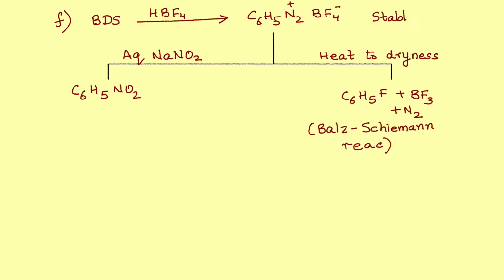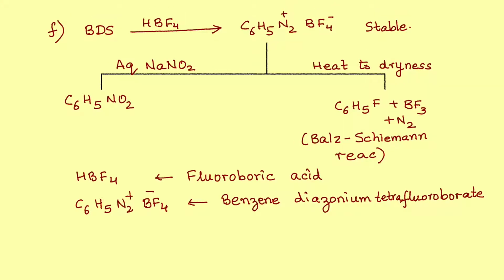It does not break down on heating. It does not explode on heating. So let us name this compound C6H5N2 positive BF4 negative. As I said, it's a very stable compound. So stable in the sense it will not explode easily.